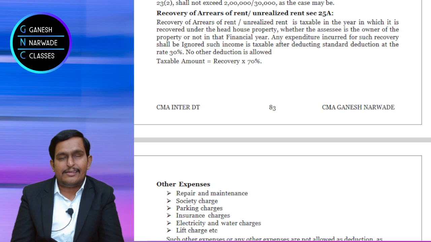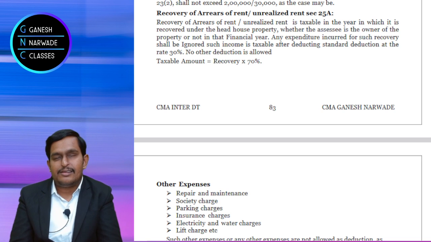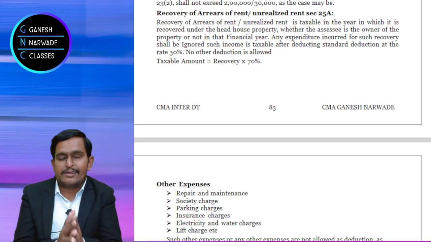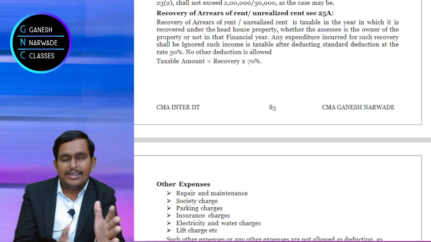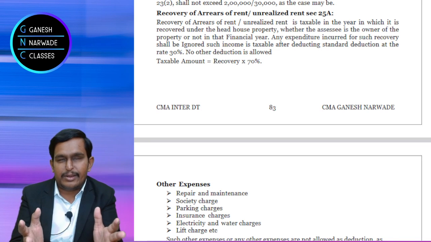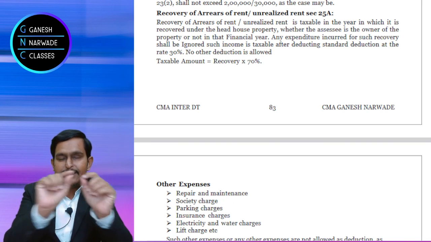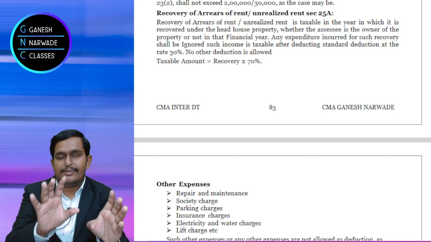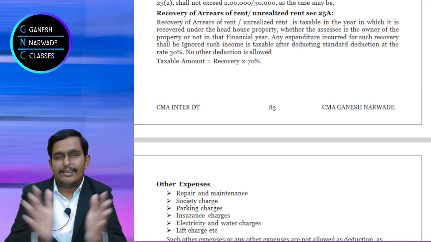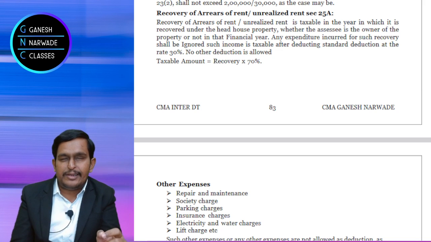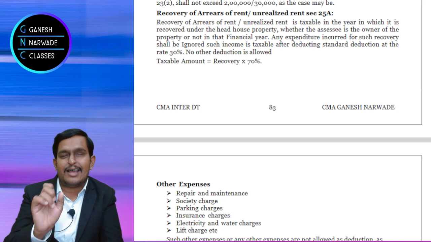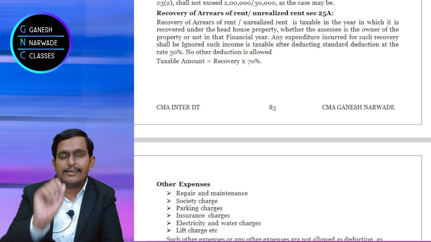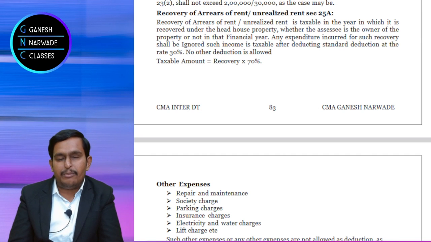Now the question arises, what is composite rent? Composite rent is the mixed rent of building plus furniture and plant and machinery. If the rent can be separated, like the building rent is this and the furniture, plant and machinery rent is this, then the building rent is taxed under the house property chapter and the furniture, plant and machinery rent is taxed under income from business and profession or other sources.